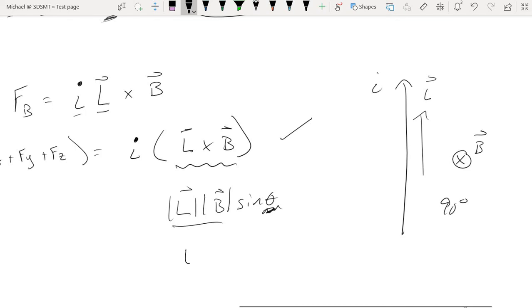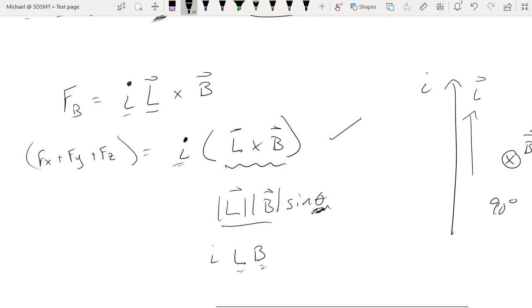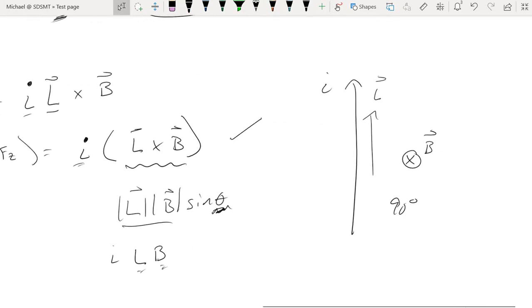Because then it's just a matter of taking the magnitudes of each, so the length of the wire times the magnitude of your magnetic field times your current, and you're done. In this case, the only direction that we can have for our magnetic force would be to the left or the right.